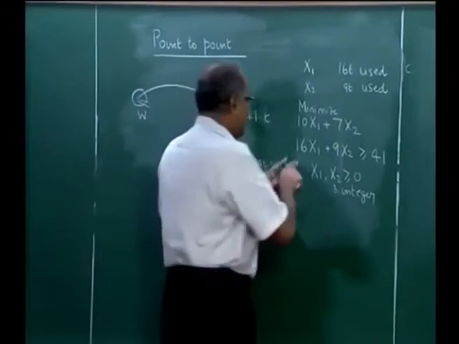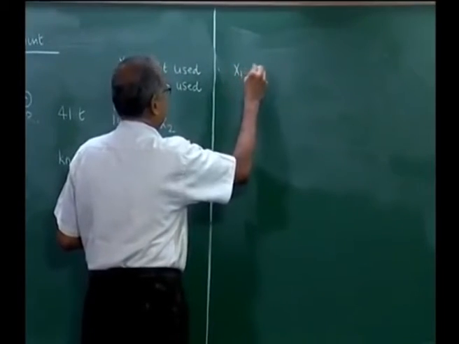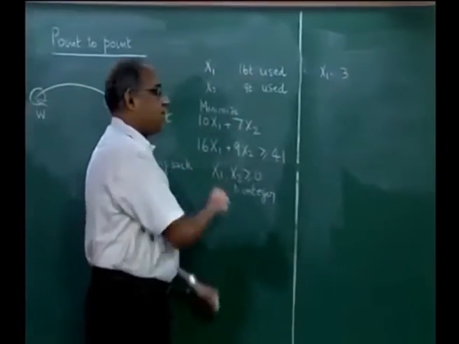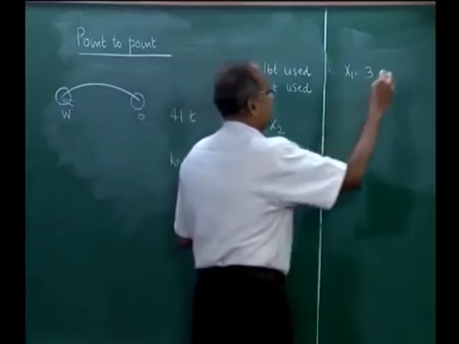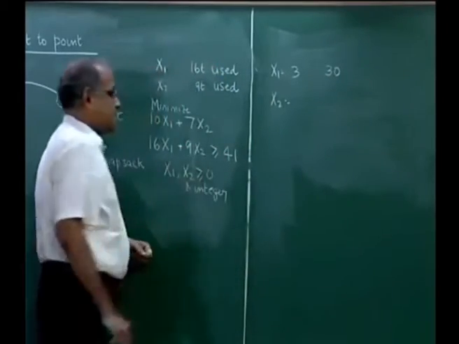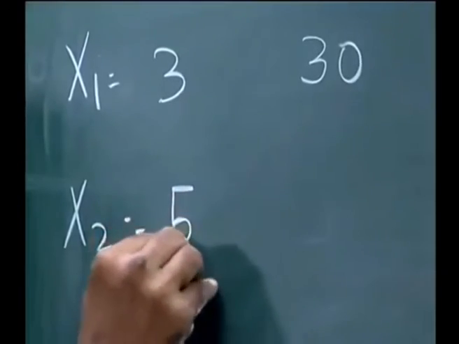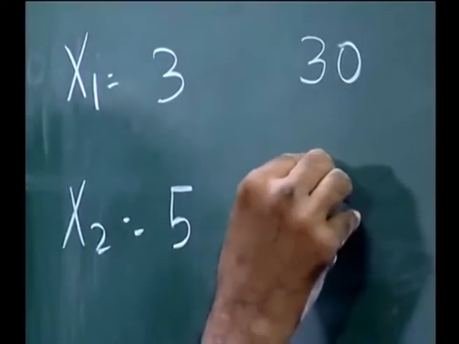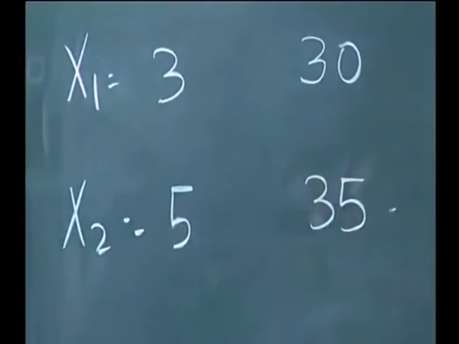Now, if we use only 16-ton trucks, then we will require x1 equal to 3, which is the upper integer of 41 by 16. So, we will need 3 trucks here and the cost will become 30. If we use only 9-ton trucks, then we would need 5 such trucks, and the cost will become 7 into 5, which is 35.